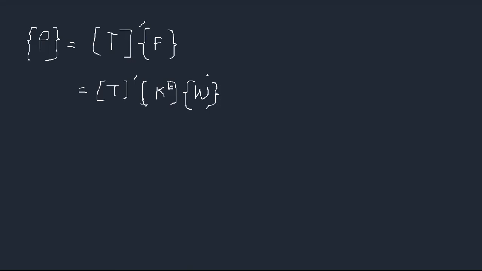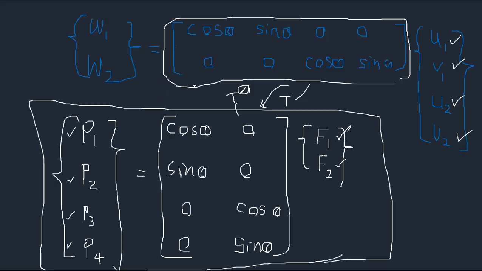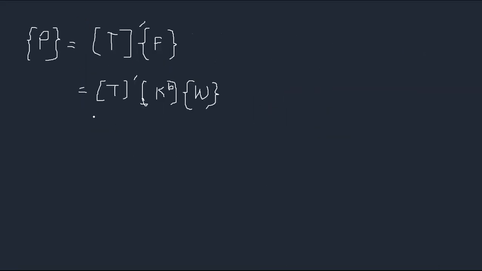So this matrix W can be written as the transformation matrix into the original U matrix. This is the displacement matrix.